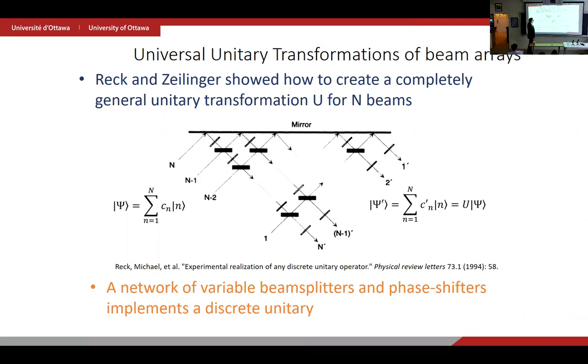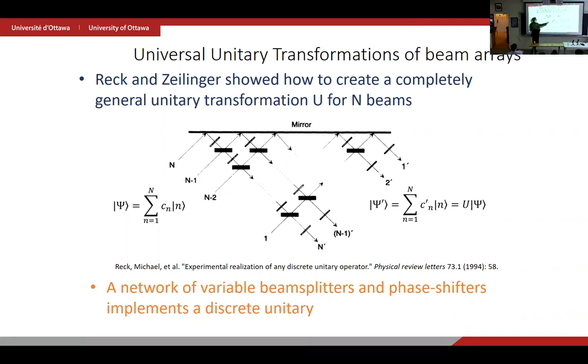So you'd have a photon, say in the language of quantum optics for single photons, in a superposition of being in these n beams. Each state represents a photon in one of those beams. And then coming out, you have a new state with new coefficients, but you can represent that as this unitary that you're trying to dial in times that state.